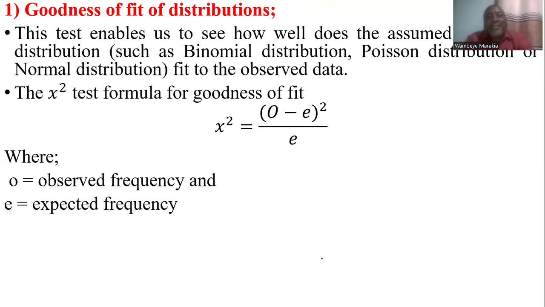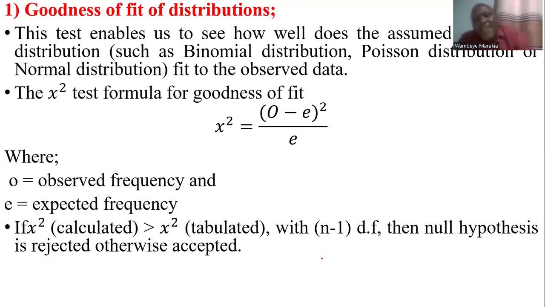So the formula is x squared equals the sum of (O minus E) squared, and then on the denominator we have E. O is the observed frequencies and E represents the expected frequencies. We'll see how we use this formula later.